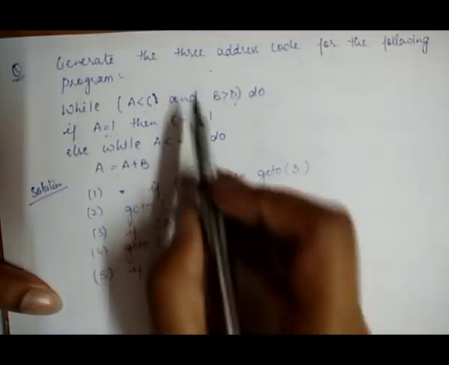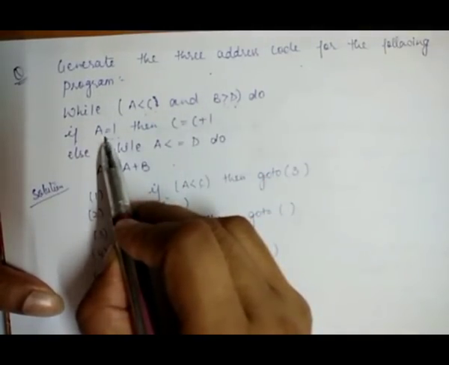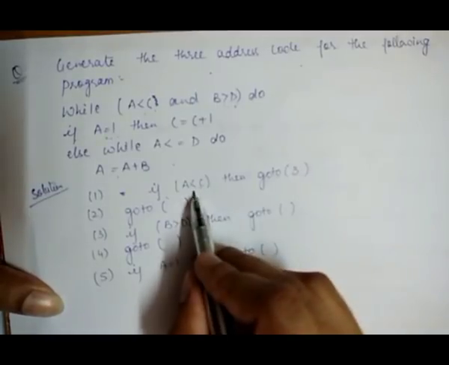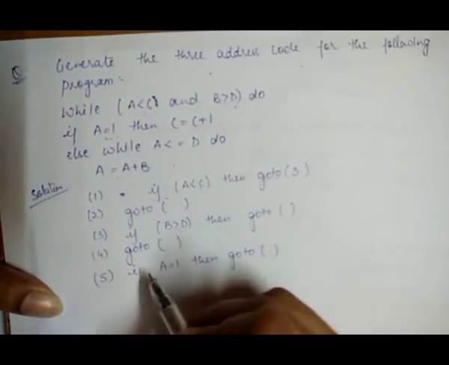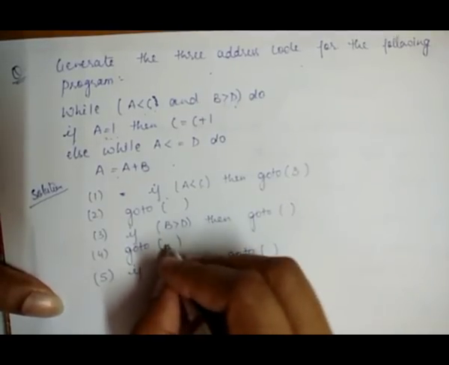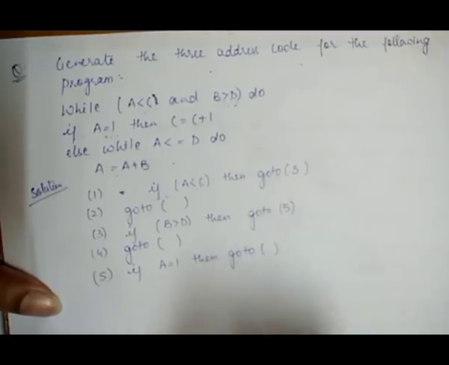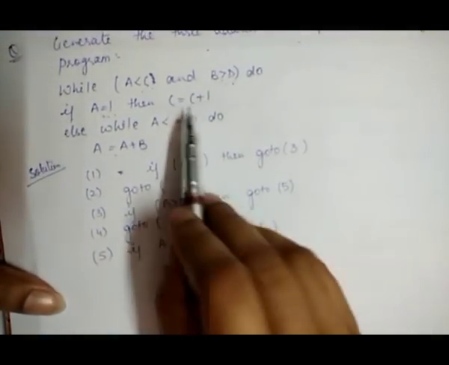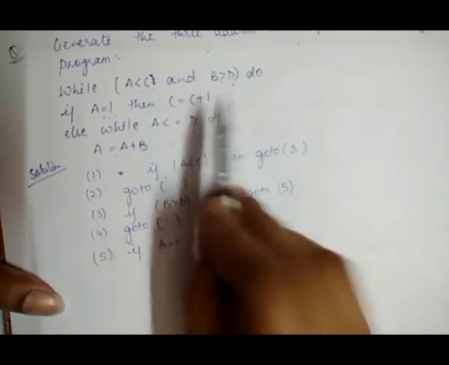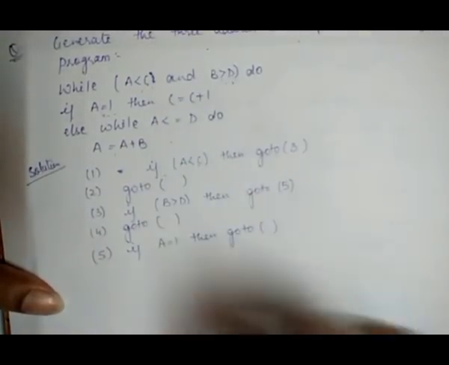So if these two conditions are true, then we come into this part. If this condition is true, then we go to the third, that is, check this condition. If it is true, then we move into the if block, so we make this label 5 here. Now if a equals 1, then we have to execute c equals c plus 1, so we make that label where these lines are.